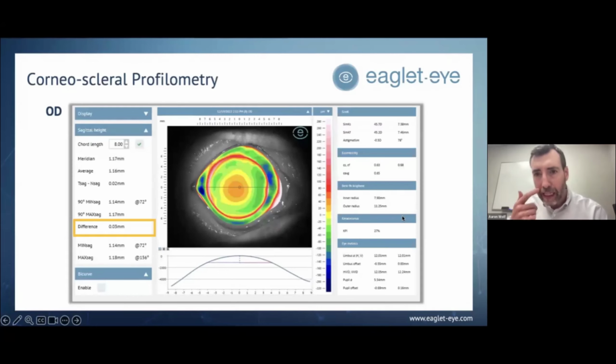Fortunately, I had the Eaglet. The Eaglet is a corneal and scleral topographer both. And with the Eaglet, there are some advantages. One advantage is going to be the working distance between the instrument itself and the eyeball plane. So you're going to add several inches, several centimeters of space there.